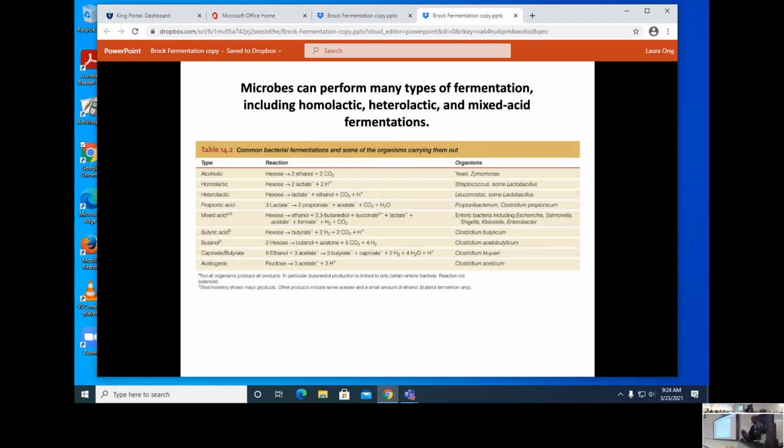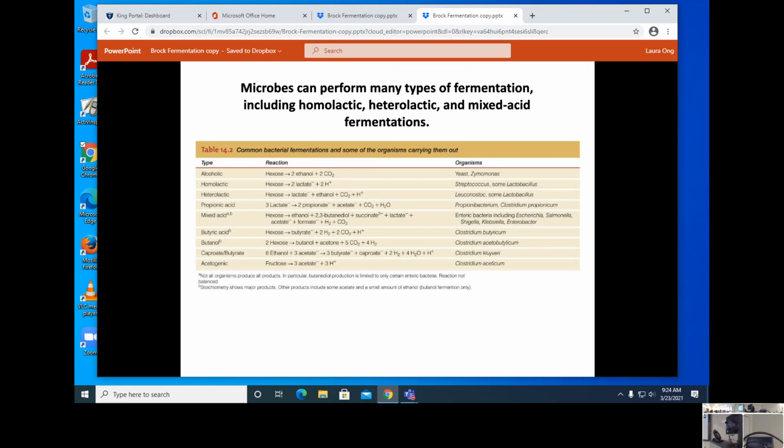The names kind of make sense. Homolactic is lactic and lactic, all one thing. Heterolactic makes lactic acid and it makes something else. A lot of times the something else is ethanol. So usually ethanol. And that's the one that breweries usually care about the most.